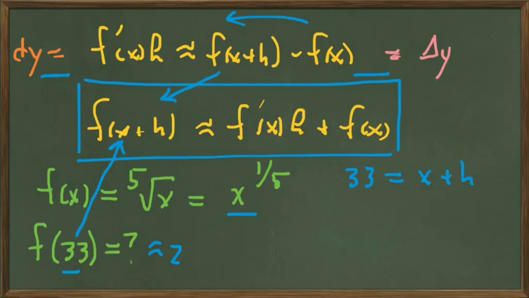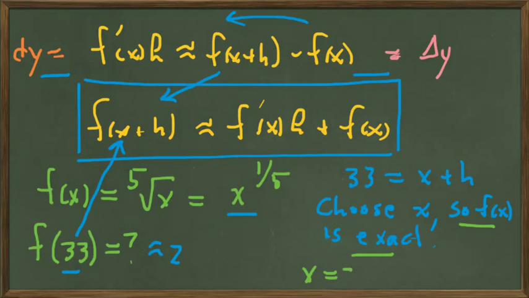For us to be able to resolve things on the right side of the equation, we need to choose x so that f of x is exact. That means we want x to be 32, since f of 32 equals exactly 2.